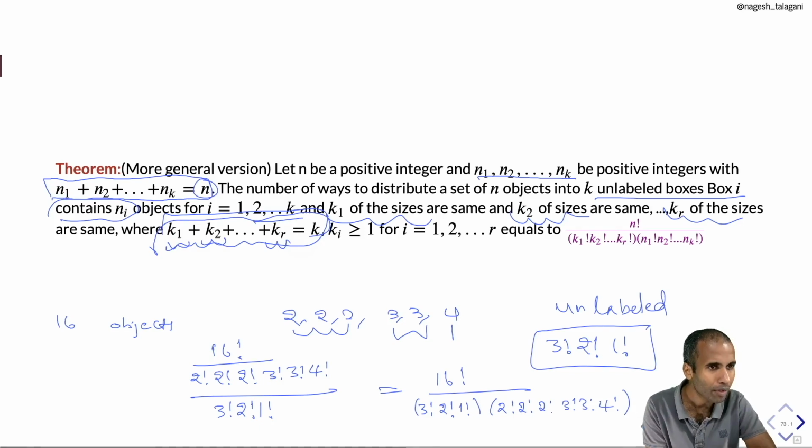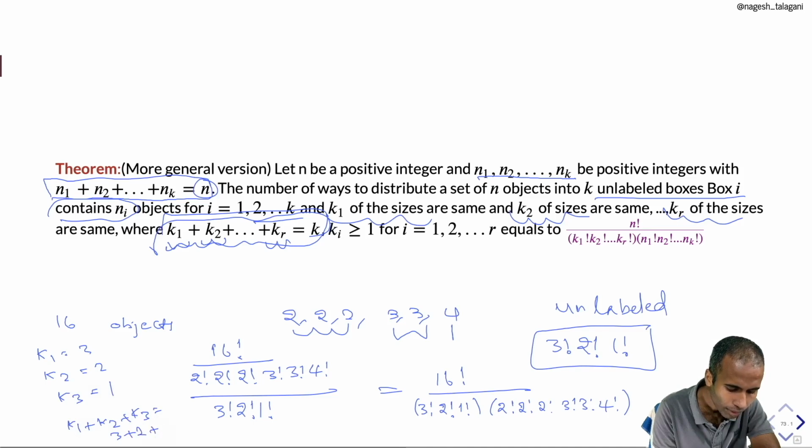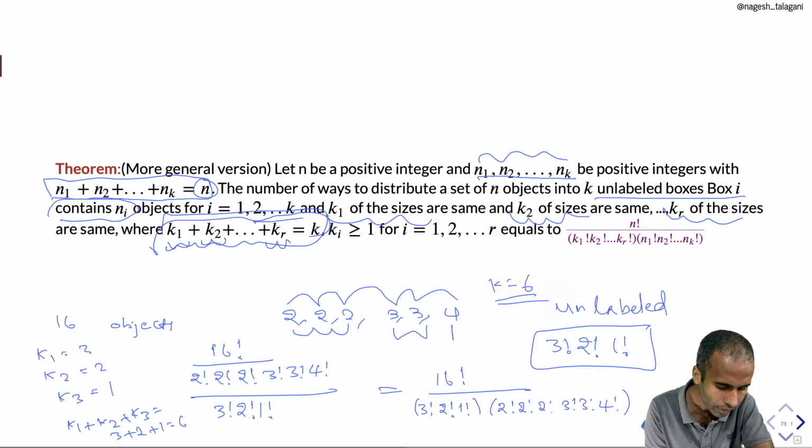If I compare with the previous example, here k1 is going to be 3, k2 going to be 2, k3 going to be 1. Here k1 plus k2 plus k3 equal to what? 3 plus 2 plus 1 equal to 6. That 6 is what? k. Here k is what? Sizes. How many sizes? 1, 2, 3, 4, 5, 6. Here k equal to 6 in this example. Okay? Fine.